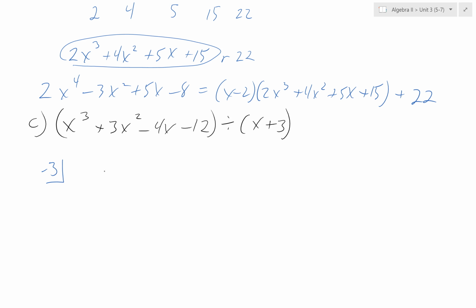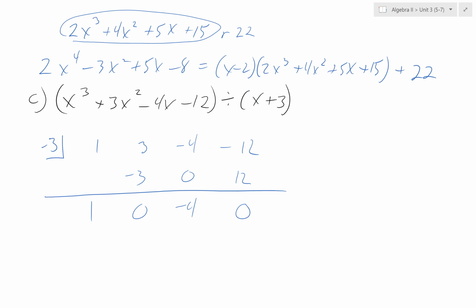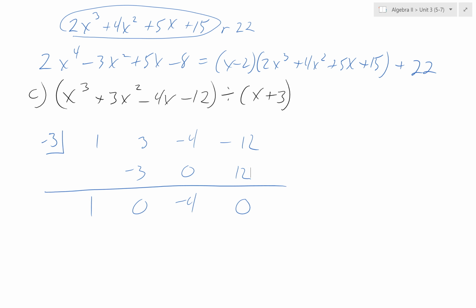No, so we're just going to have 1, 3, negative 4, negative 12. Bring down the 1, multiply, add, multiply, add, multiply, add. And so our first term is going to be what degree? Squared. So this is going to be 1x squared, 0x, minus 4 with a remainder of 0.